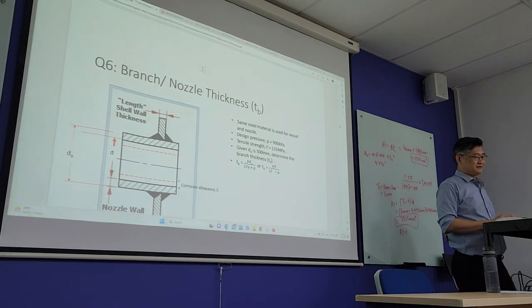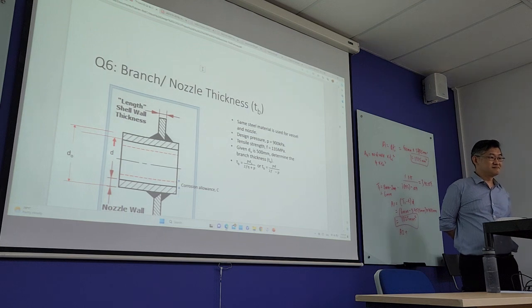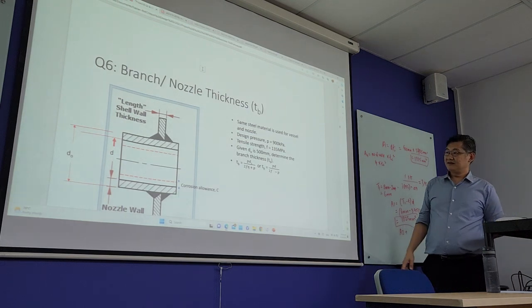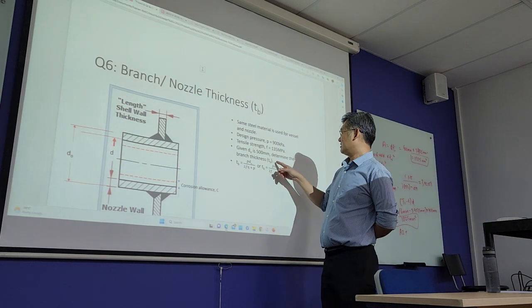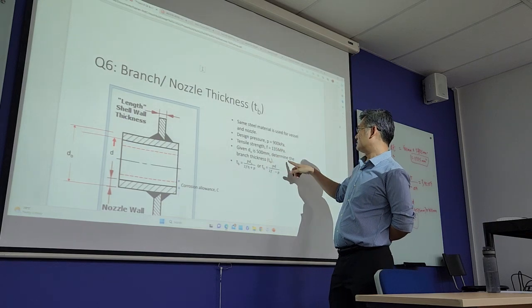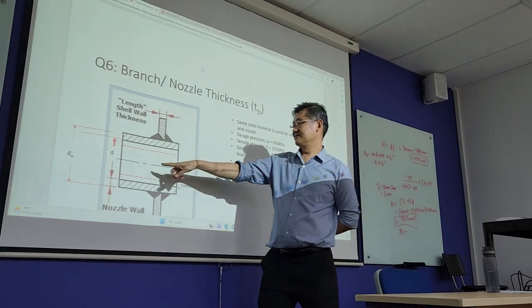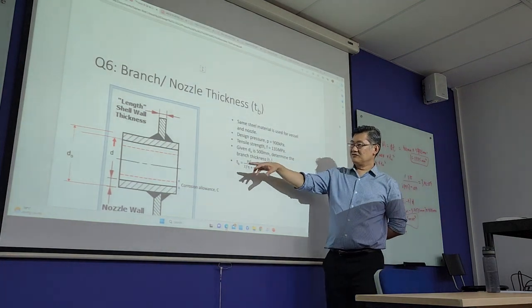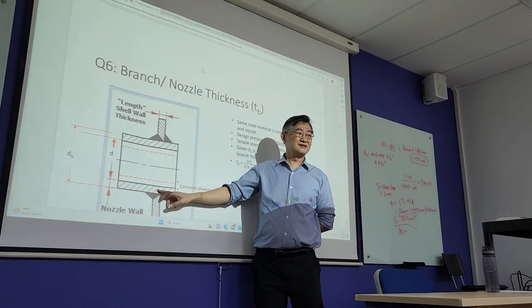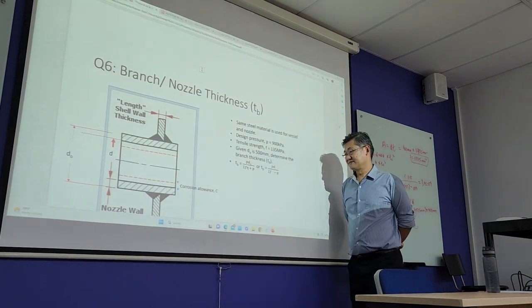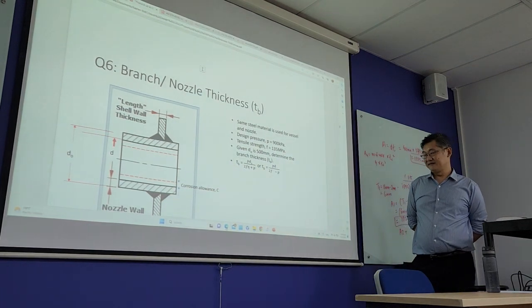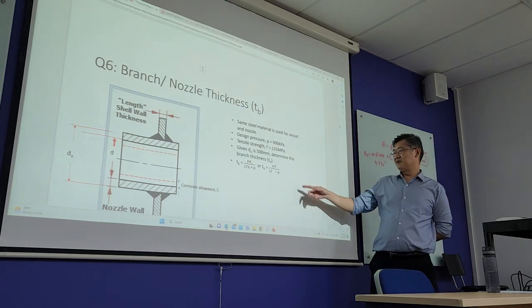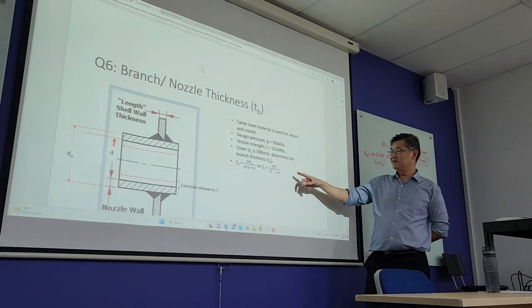What are the two conditions? If you are given DO, you don't need to know the thickness of this. So it is easy for you to apply, because just now our formula for the vessel is this.